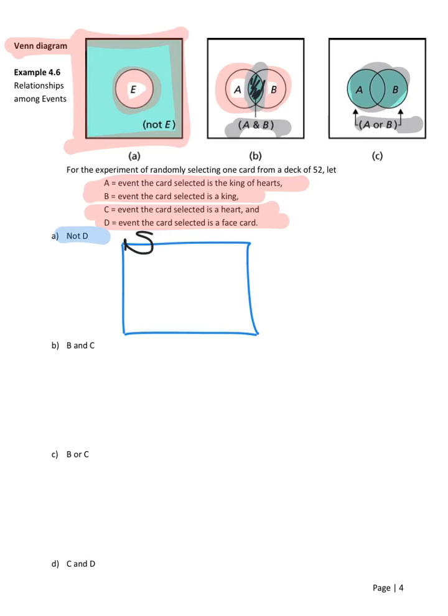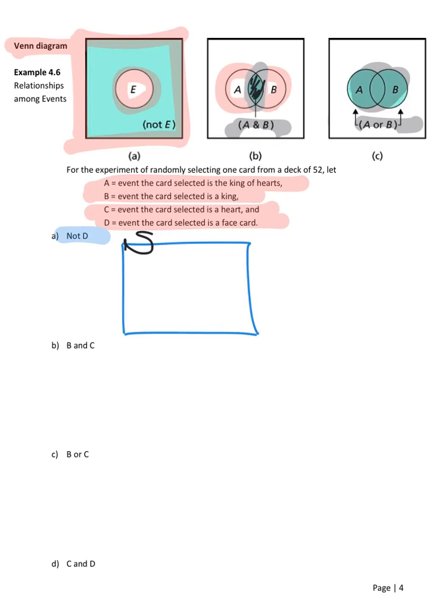How many outcomes are in the rectangle, in the sample space? 52 outcomes, because we selected only one card. Possible outcomes, 52 in the rectangle.